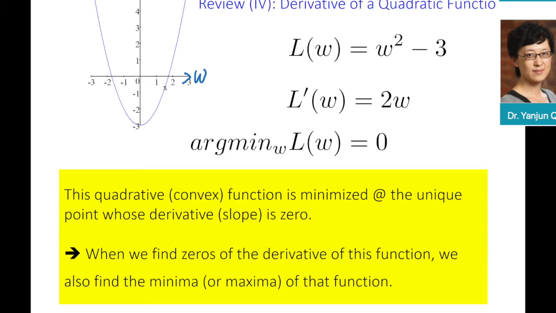So we can just take the derivative of this L of W function. Hopefully you still remember the quadratic function's derivative, which is 2w. The scalar has no derivative because it's not relevant to w. And the minimal point of L of W is the point that makes the derivative equal to 0.